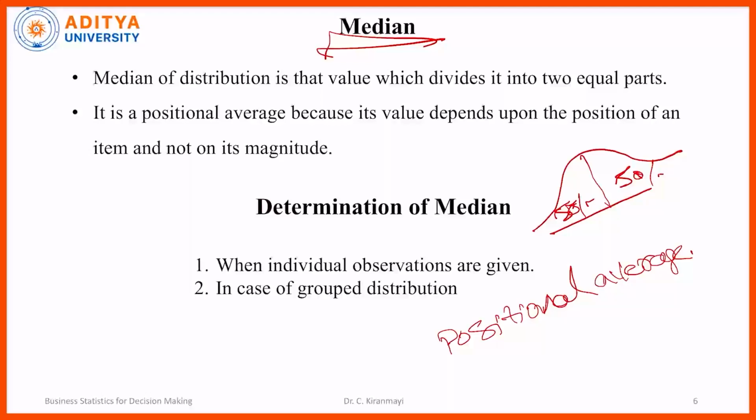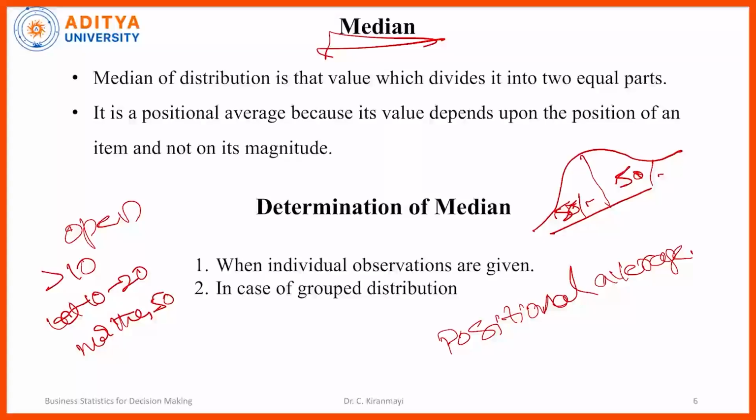distribution is an open distribution, that is where the class intervals are not exactly determined. For example, the intervals may be like less than 10, between 10 to 20, and more than 50.